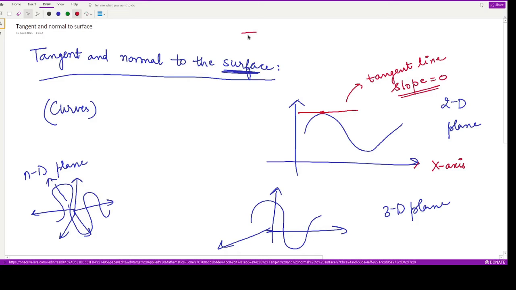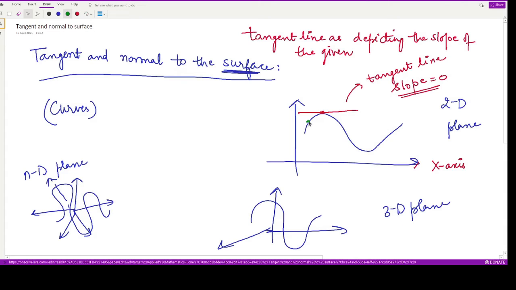So we also identify the tangent line as depicting the slope of the given curve. When the slope is increasing, suppose I am taking the derivative at this particular point, the tangent line here would be in this particular direction, touching the curve at one single point, and it is in increasing direction, because its slope is a positive quantity.